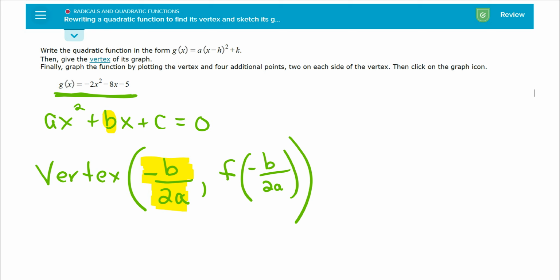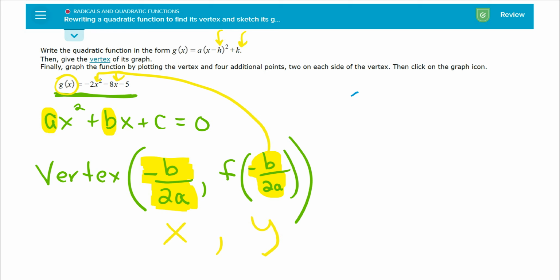From the equation, here's b and here's a, take negative b and divide it by 2a. Then take that answer and plug it into the function where the x's are and calculate g of x or f of x, whatever letter you're dealing with. And that'll give me the vertex. Then once I have my x coordinate and my y coordinate, I'm just going to go up here and stick the x where h is and the y where k is, and I'll have it in the right form. Sneaky, huh?